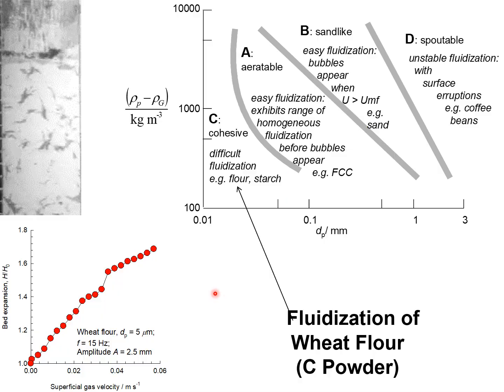It is well known that cohesive powders are difficult to fluidize. In the Geldart classification, they are termed C powders. Examples are flour and starch. One way to fluidize cohesive powders is to subject the fluidized bed to low frequency vibrations.